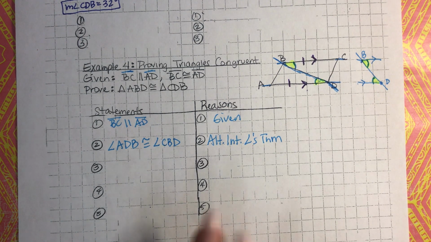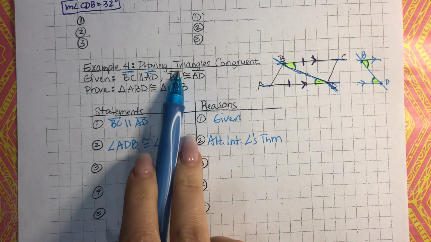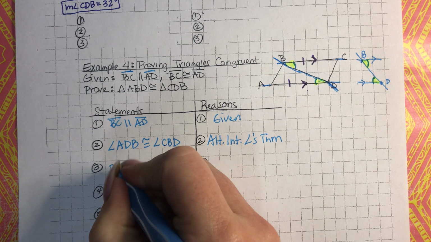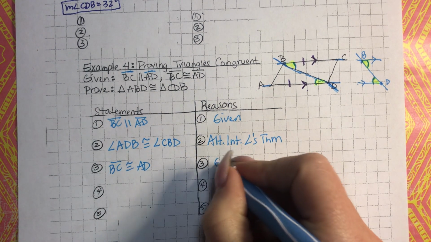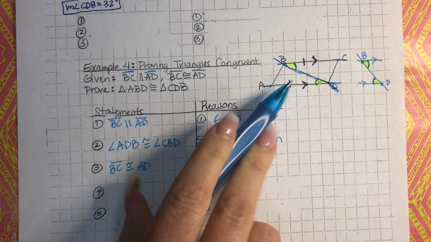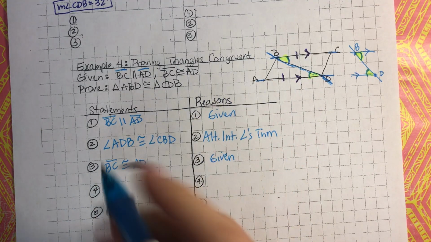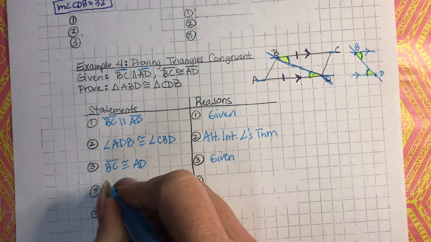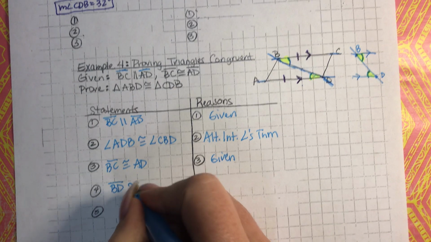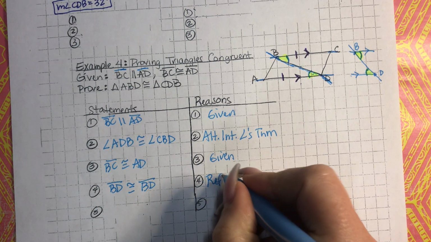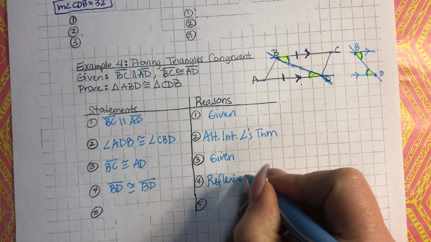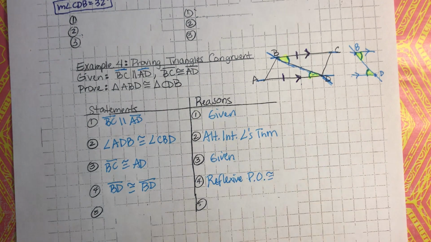Okay, then what else do we have? We have this piece of given information. BC is congruent to AD. That is given. And then lastly, we have that reflexive property of congruence. BD is congruent to BD by the reflexive property of congruence.